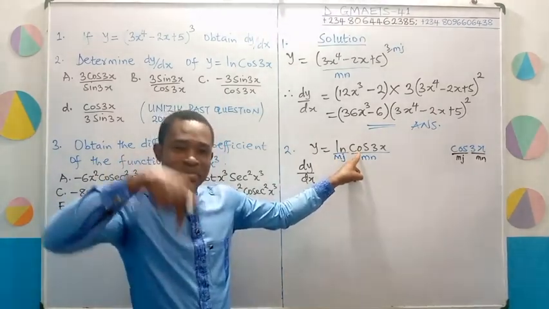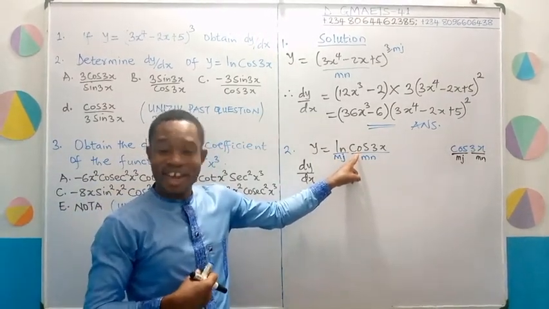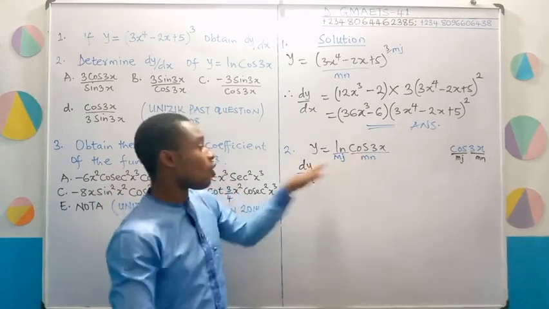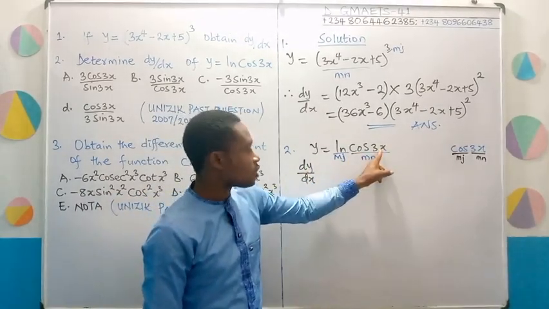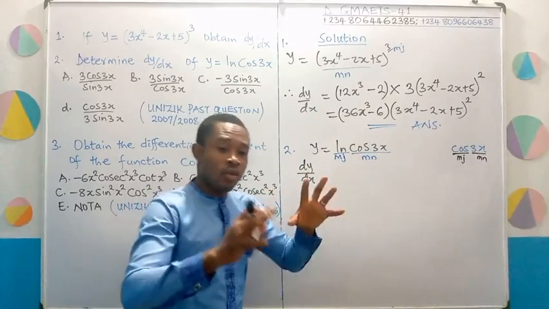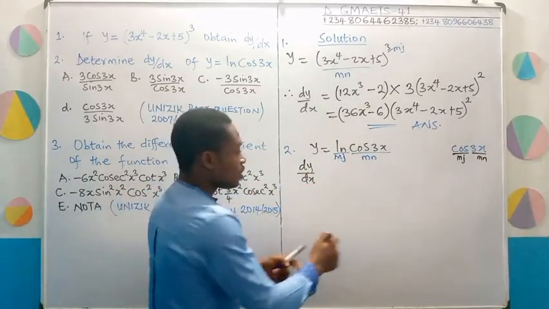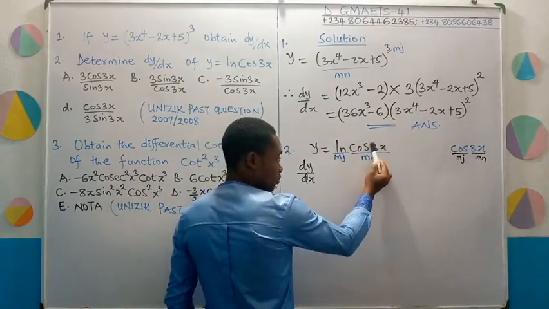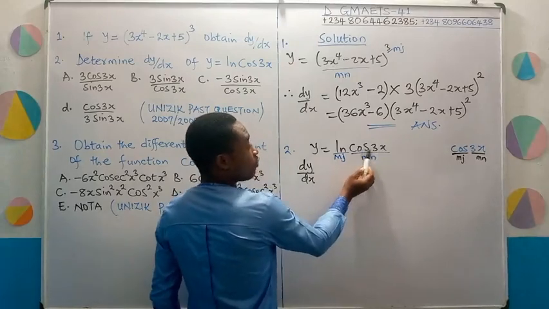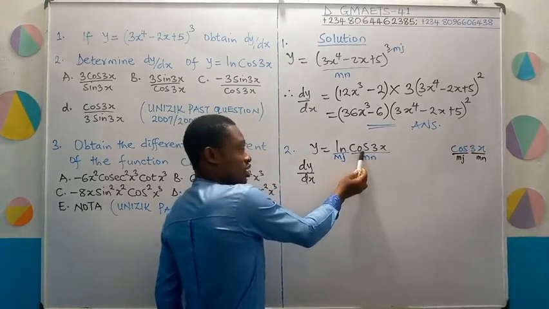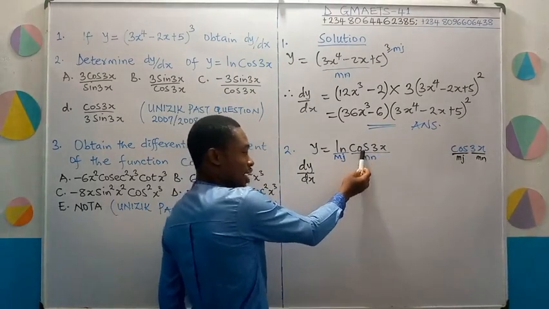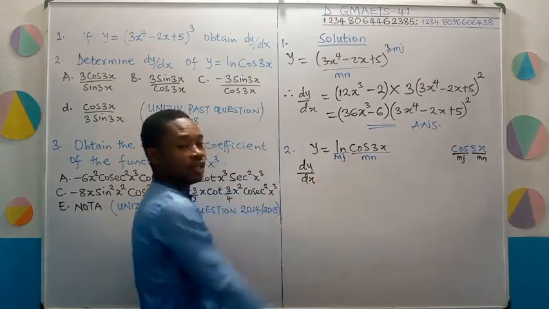Cos is a major on its own, but it is a minor of this whole thing. And of course, 3x is the minor. So we have the minor and the major of this minor, but this cos is the minor of this major ln.